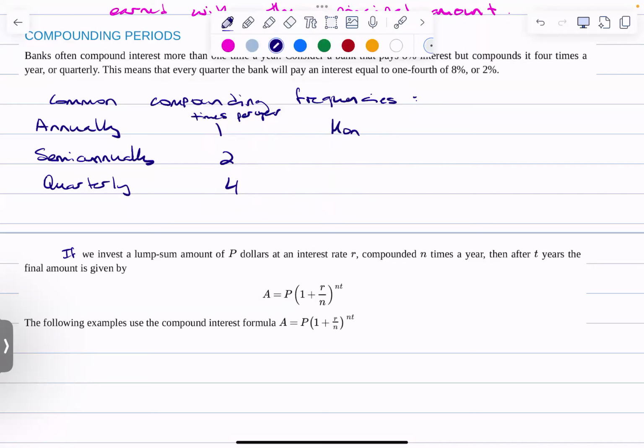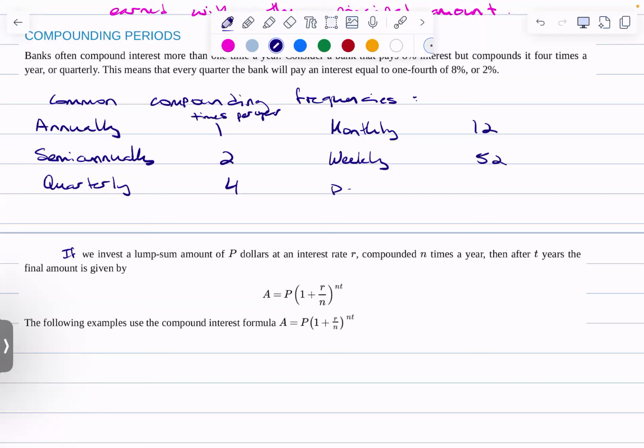Just because I wanted to say monthly, of course, is 12 times per year. There's bi-weekly. I don't think that's going to come up though. It's 26. Nah, weekly.